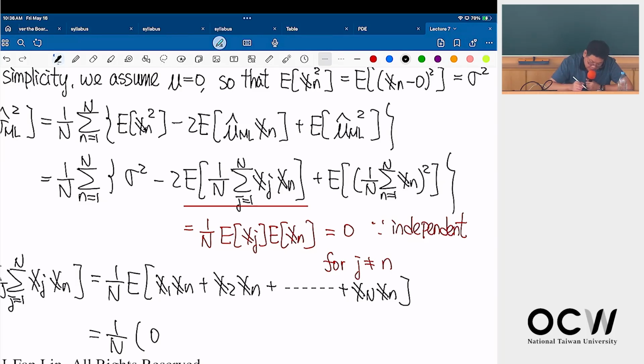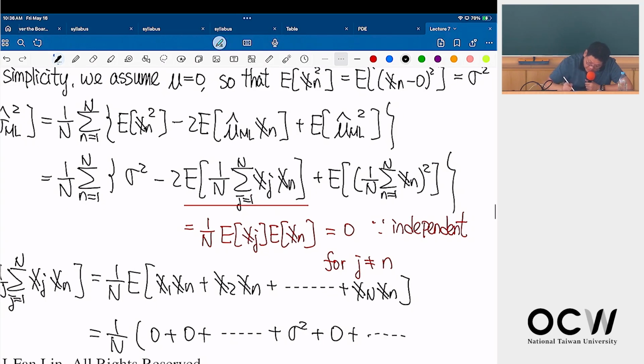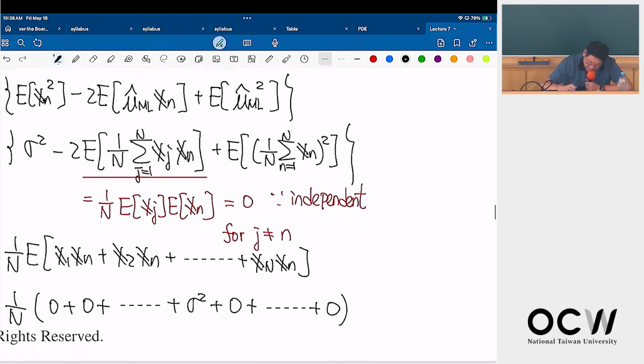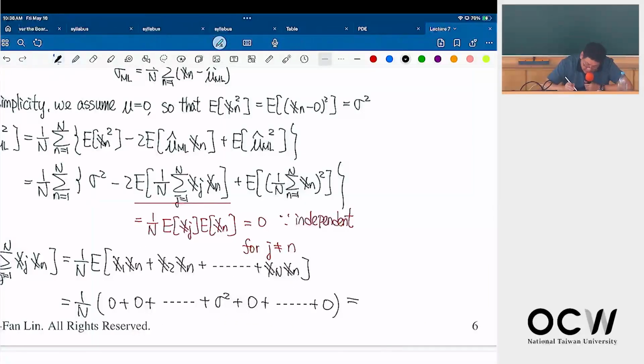So we have so many zeros, and overall you get sigma square over capital N.